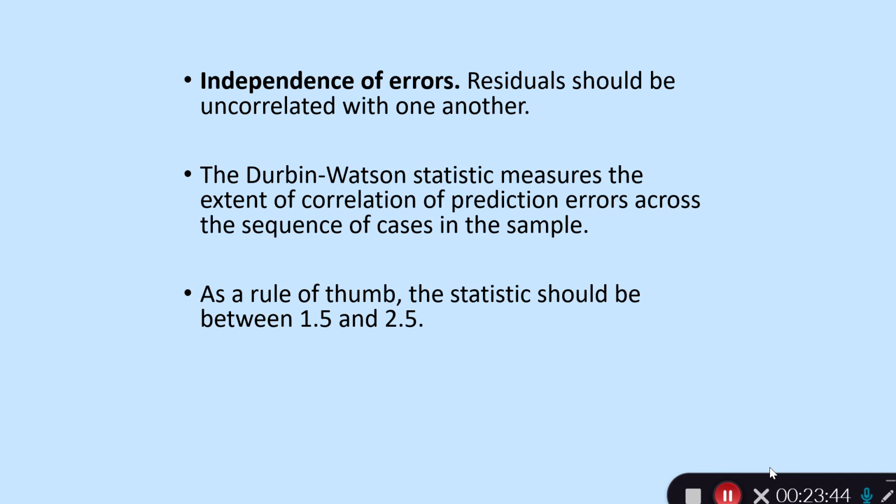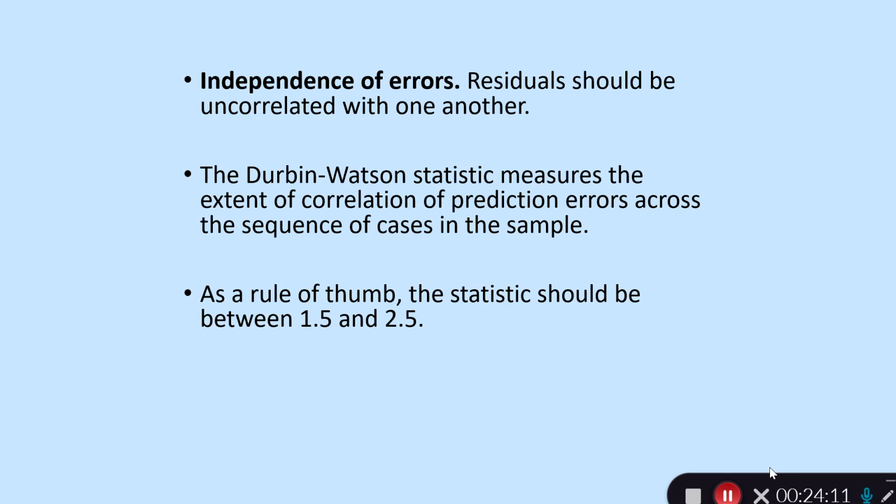They should be independent of one another. There's a useful statistic we can use to measure the extent of correlation of errors across the cases in our sample. We can ask SPSS for the Durbin-Watson statistic, which measures the extent of correlation of predicted errors across the sequence of cases in our sample.